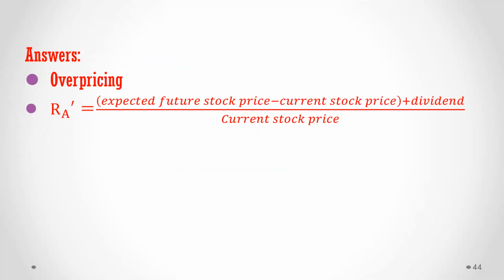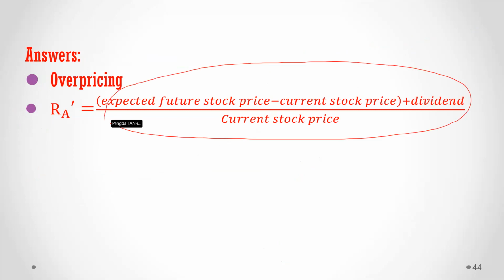The expected return is calculated based on this equation. The denominator is the current price. So if the current price is too high, holding the numerator constant, this will lead to a lower expected return for A.